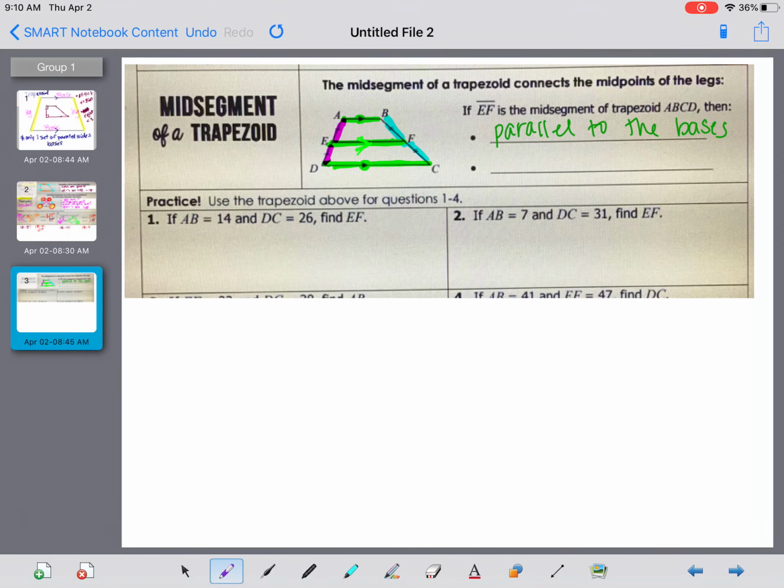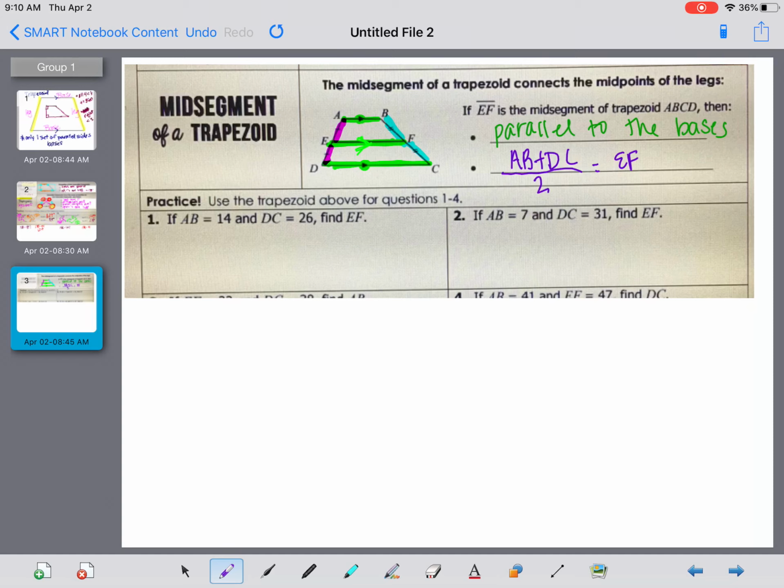If you add the bases together and divide by 2, that will give you that midsegment. So our bases are AB and DC. So AB plus DC divided by 2 gives you the length of the midsegment, EF.